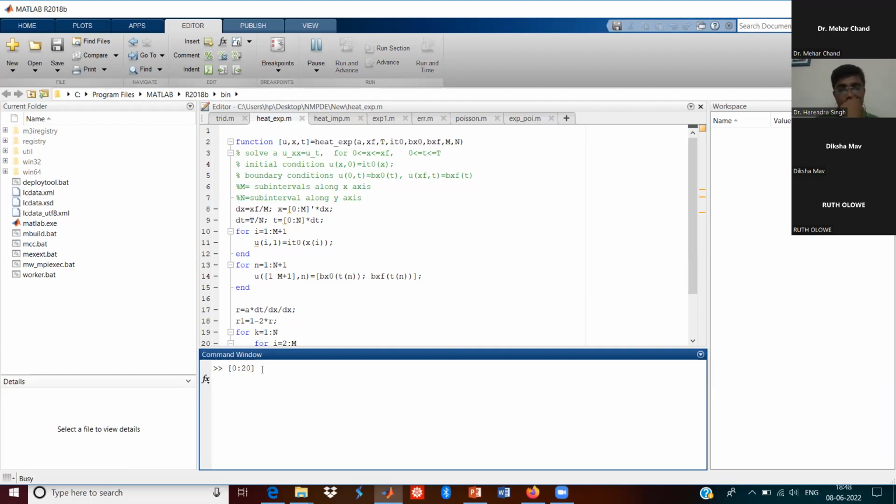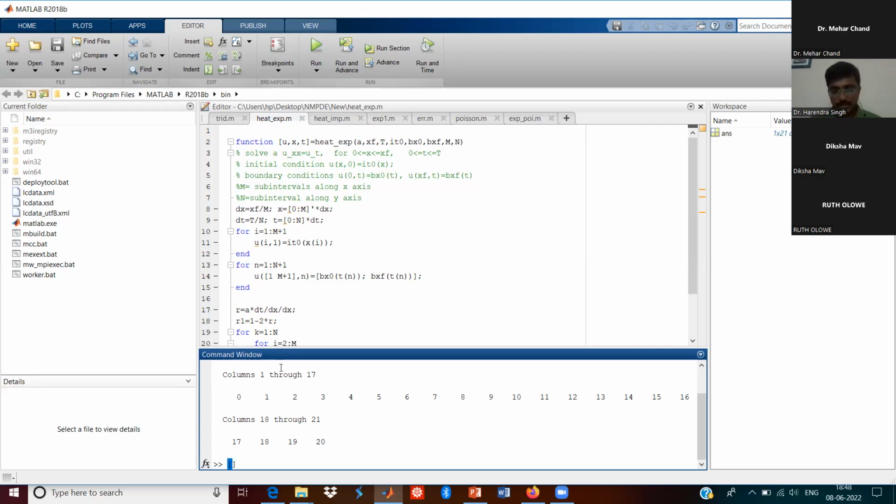Let's run it. Yeah, you can see columns 1 to 17, 1 to 41. This is the symbol of transpose.